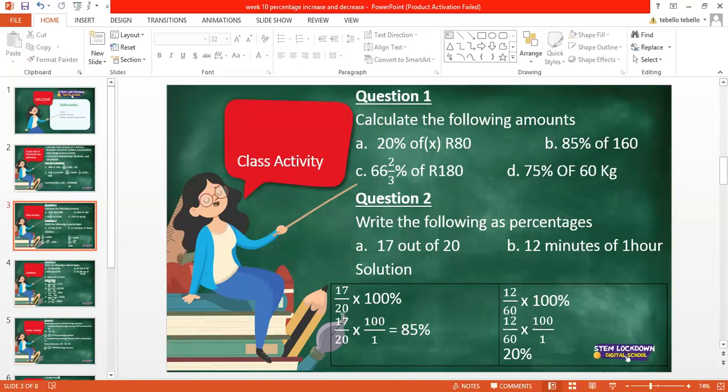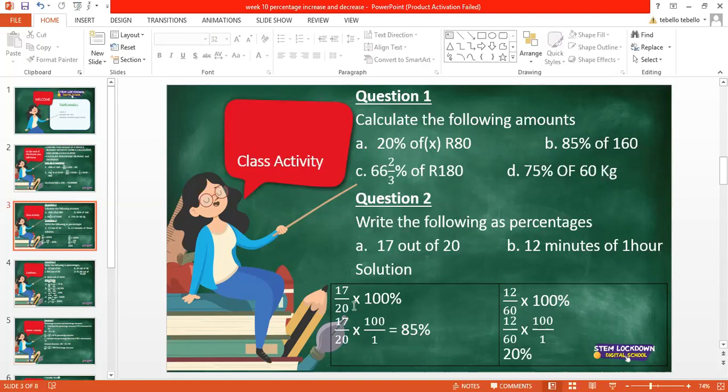What you would say, guys, and this skill right here is very crucial. Why? Because you can use it, most importantly, when you get your marks at school. Let's say you got 40 over 50, for example, and you want to see the percentage that you got for that particular test.